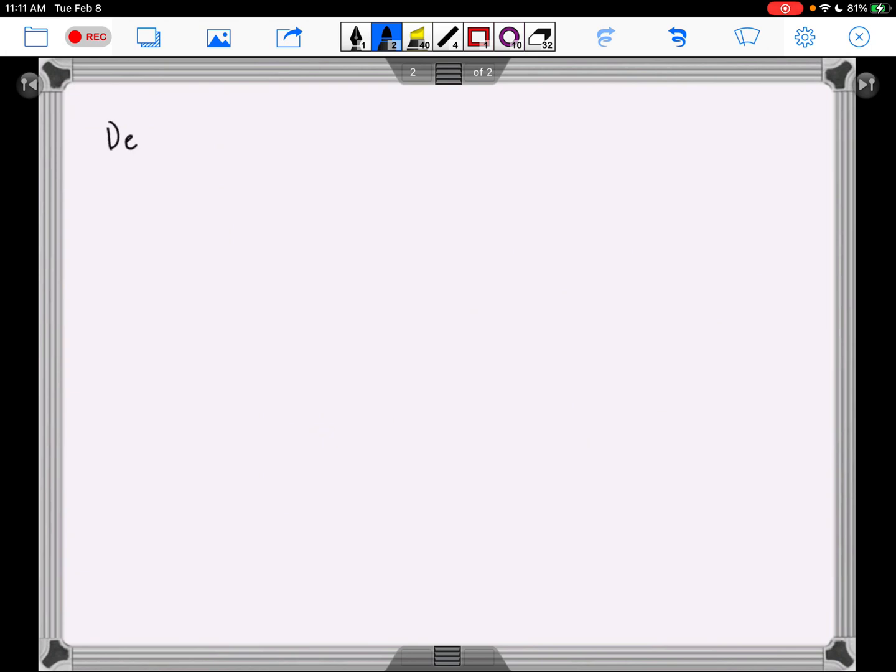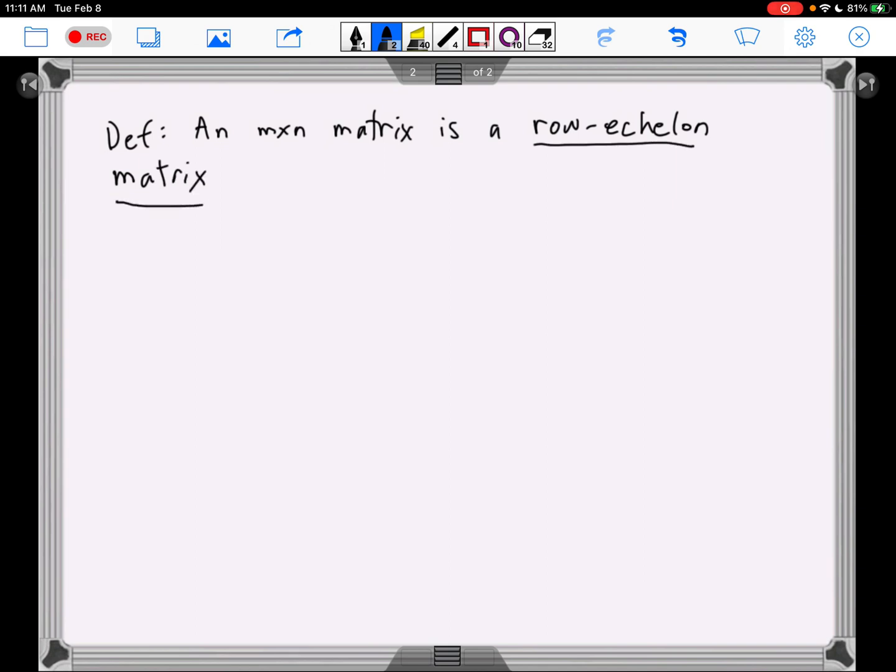So, definition. An M by N matrix is a row-echelon matrix if it satisfies the following conditions.